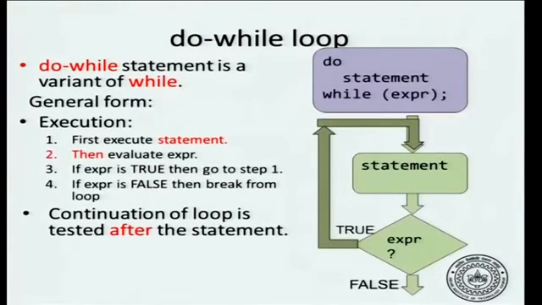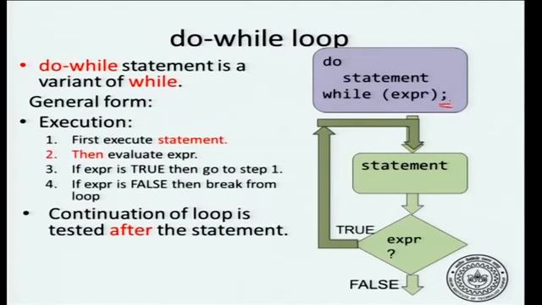and so it's a variant of a while loop, and the general form is what you see here. You have do statement followed by while expression, and here is an important syntactic difference which causes some syntax errors when you code.